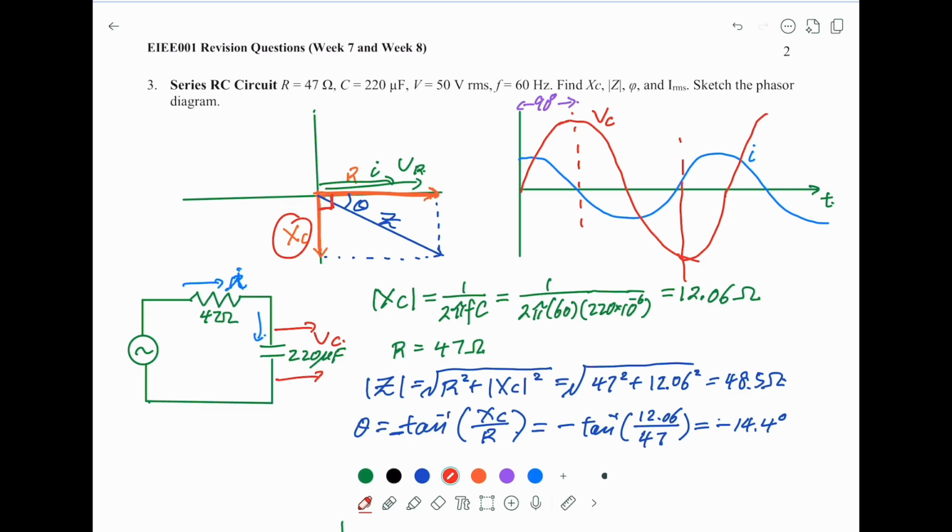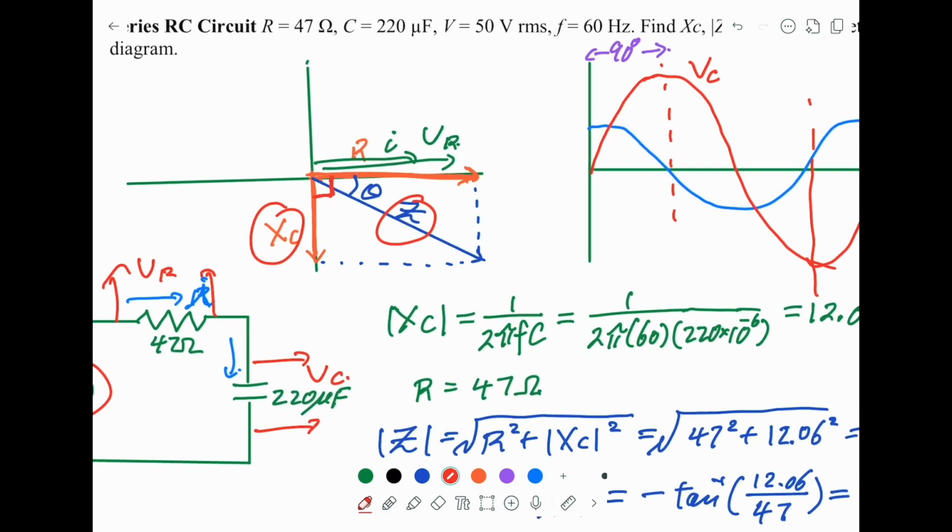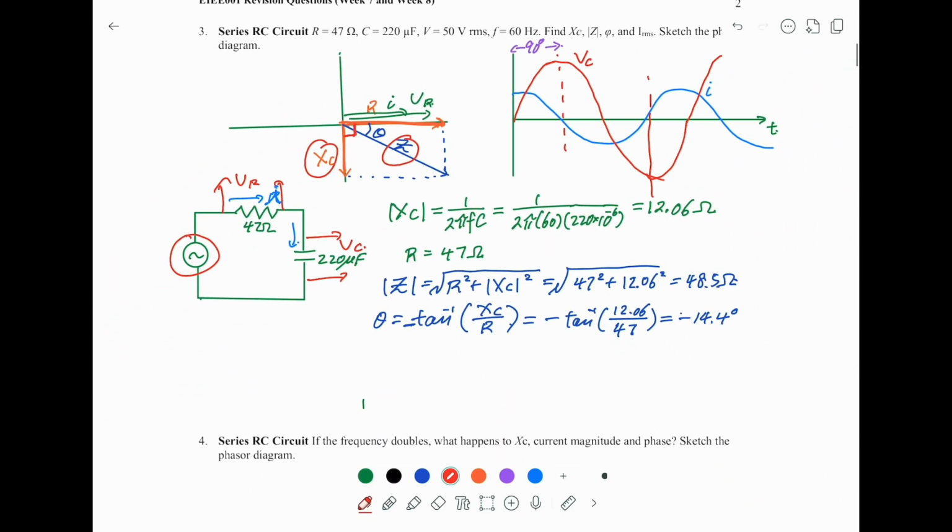Now, how about the AC signal? The AC signal voltage is not following the voltage across the resistor, and also not following the voltage across the capacitor. It is in between, and it follows Z, the total impedance. We can just think of it like the sum of two resistors.